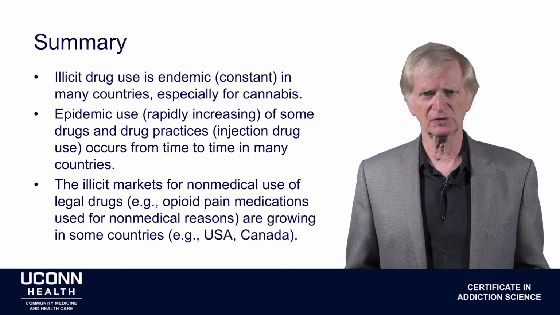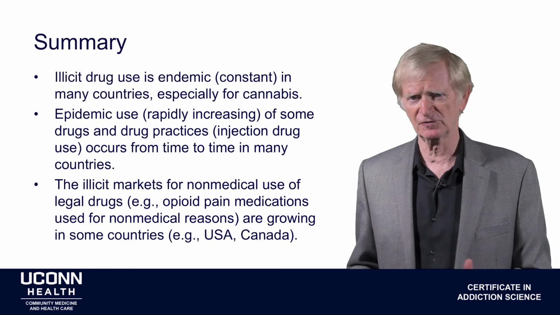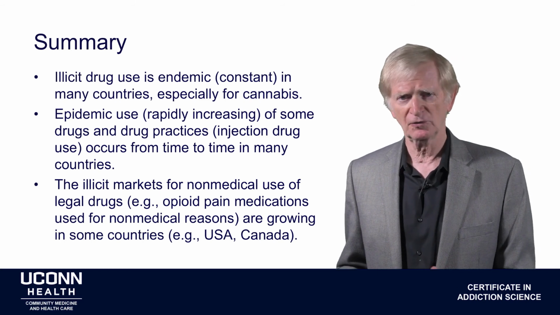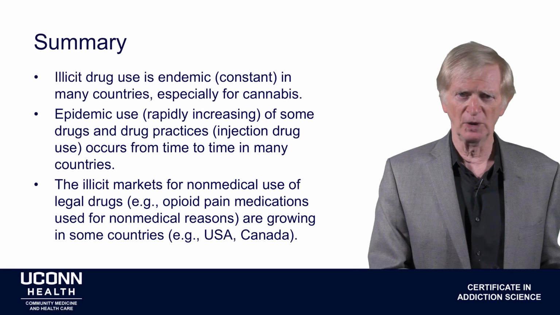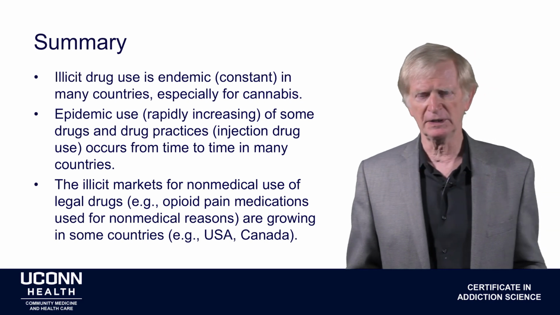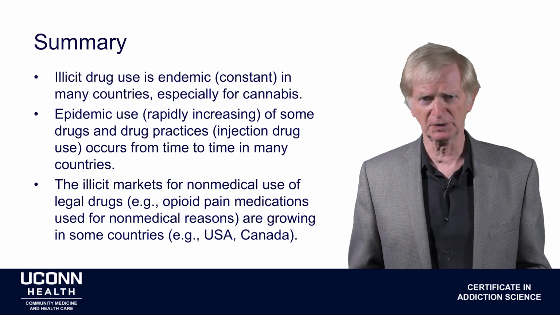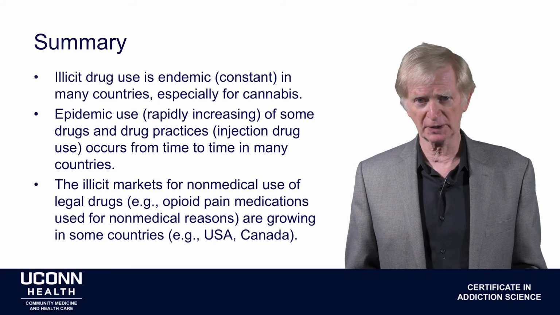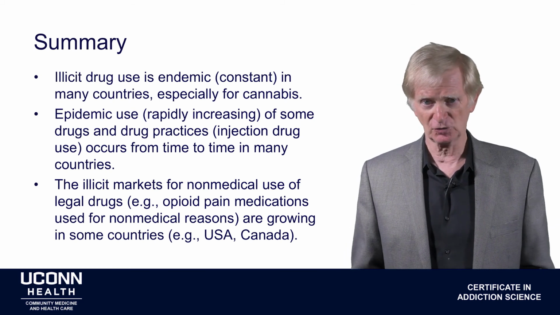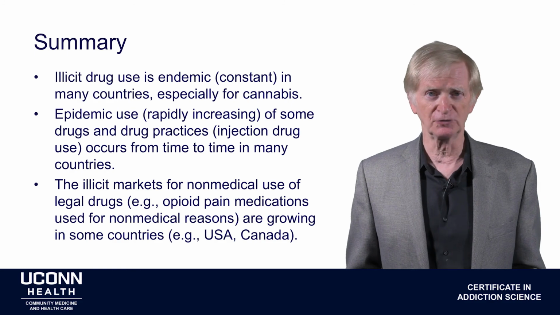And more recently, when you have psychoactive substances that are legal through a prescription system and psychoactive substances which are illegal on the illicit market, you get a confluence of these marketplaces where people are going into both markets and increasing the supply in order to fuel a drug epidemic.